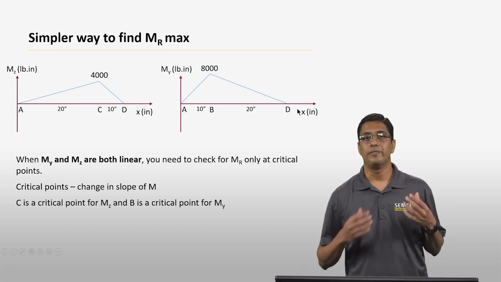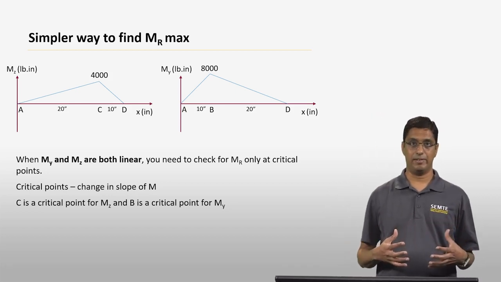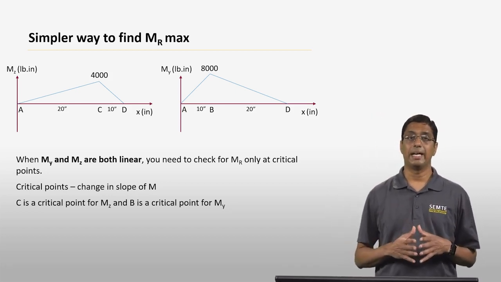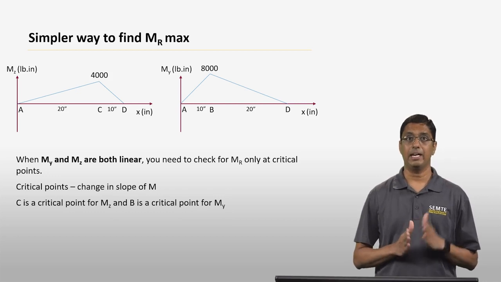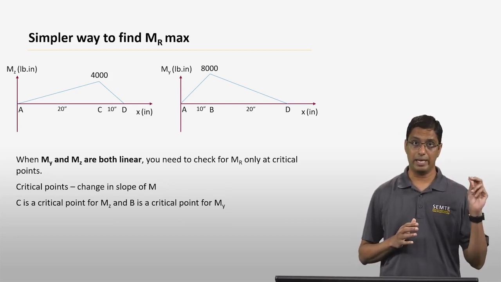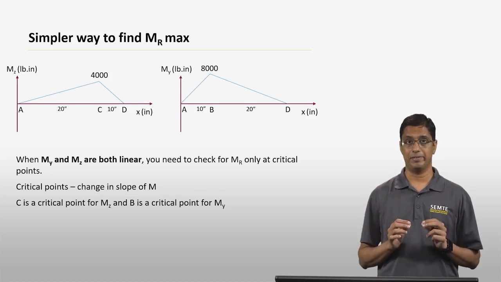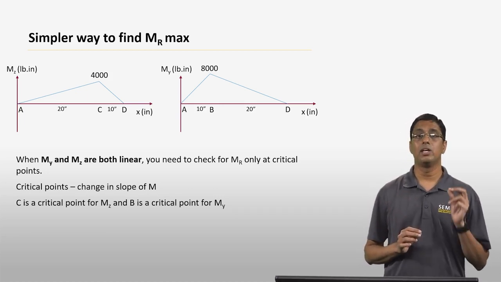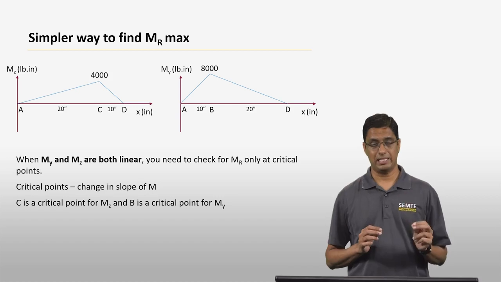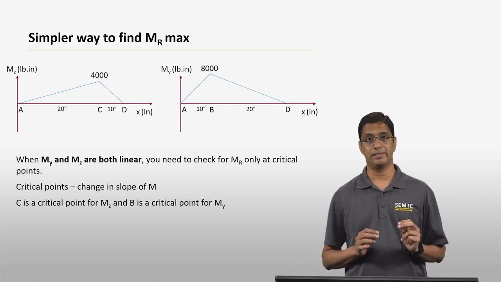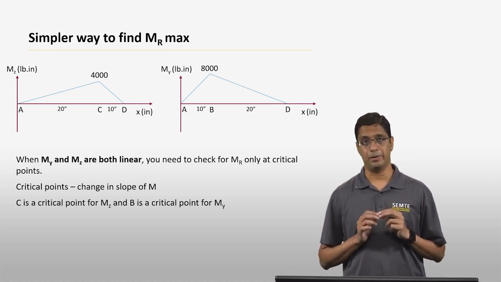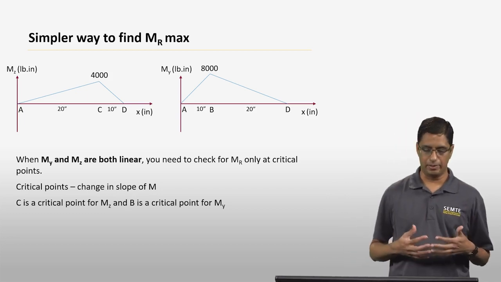Okay. So when you have a case where the bending moment diagram is completely linear, what I mean by that is both my and mz should have only linear segments, in that case you need to check for maximum MR only at the locations that are called the critical points. So what are these critical points?